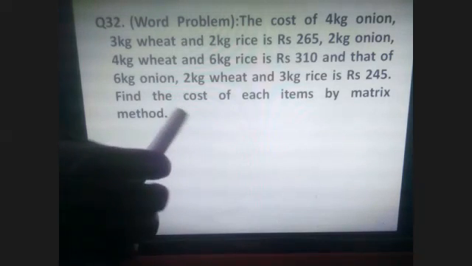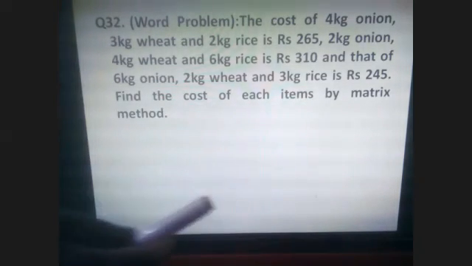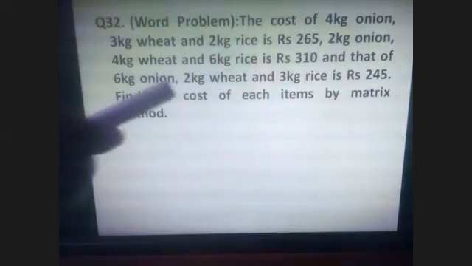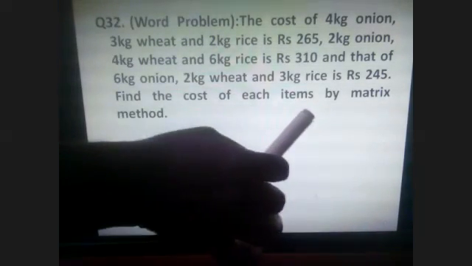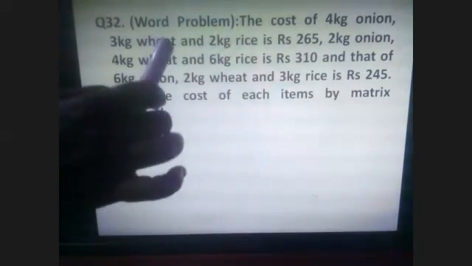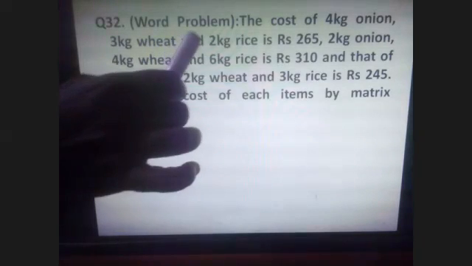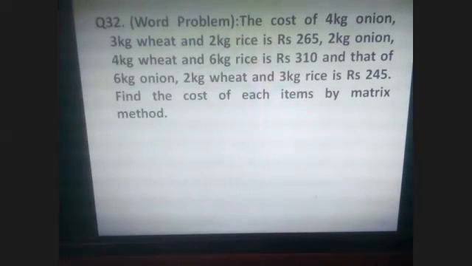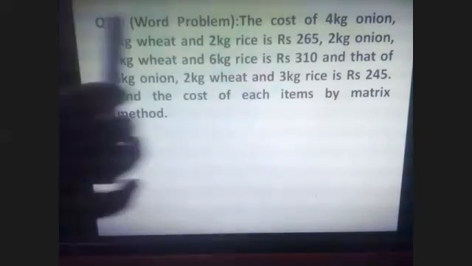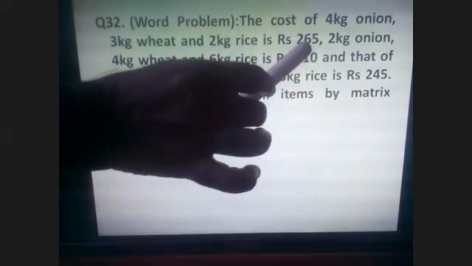First, the cost of each item. Let the cost of onion be x rupees, cost of wheat be y rupees, and cost of rice be z rupees. The first equation is 4x plus 3y plus 2z equal to 265.